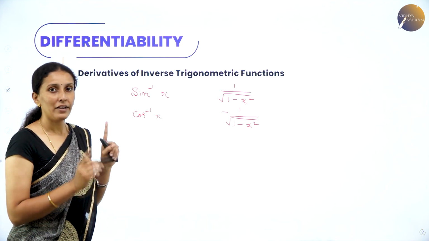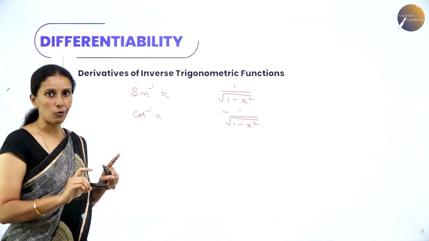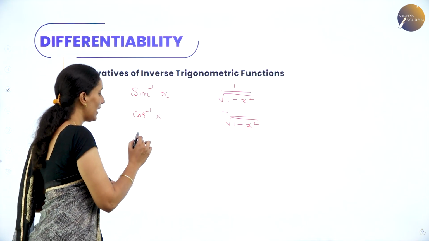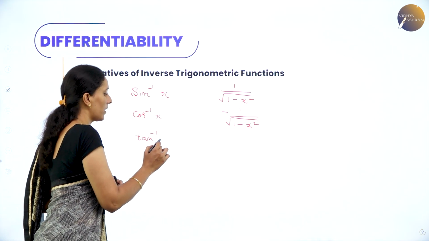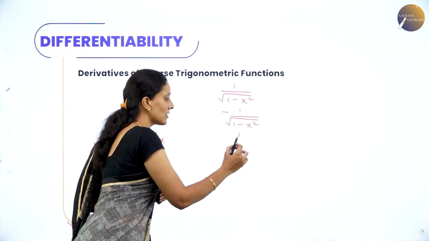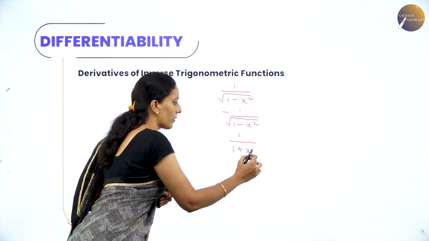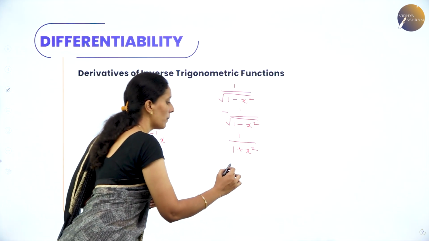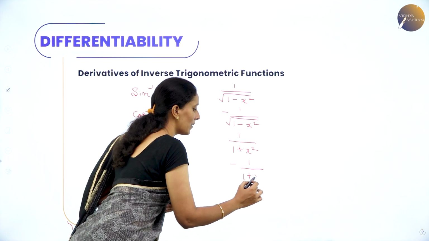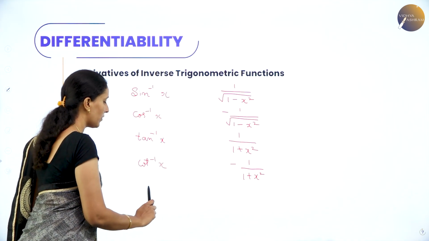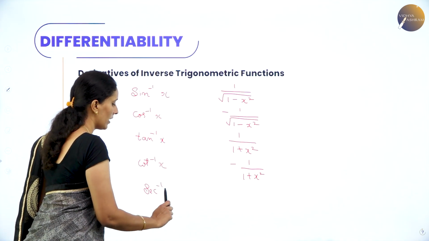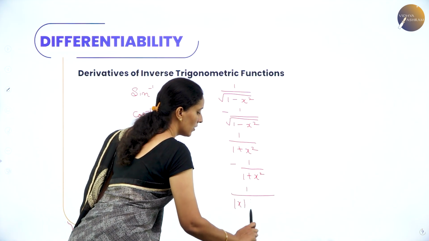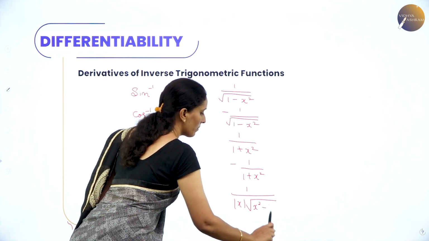This is all obtained from the first principle of derivative only. So no need to prove this result, just learn the standard results. Next, tan inverse x. The derivative of tan inverse x is 1 divided by 1 plus x square. And similarly, cot inverse x, it is minus 1 divided by 1 plus x square. So next, for secant inverse x, it is 1 divided by mod x root of x square minus 1.